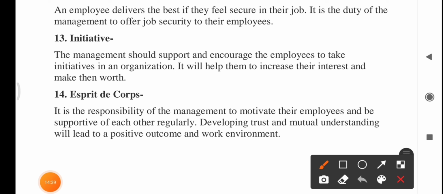Here we have our last principle, number 14, called esprit de corps. It is the responsibility of the management to motivate their employees and to be supportive of each other regularly.